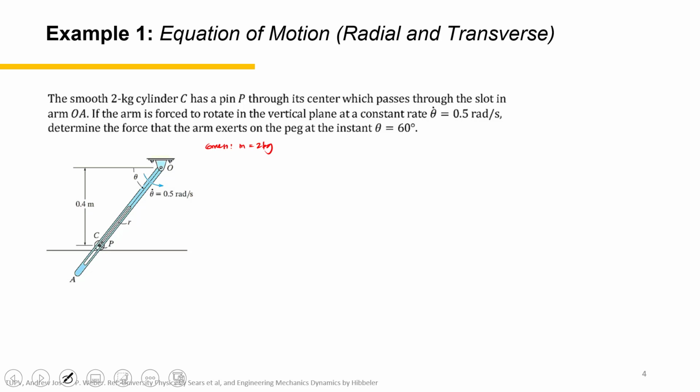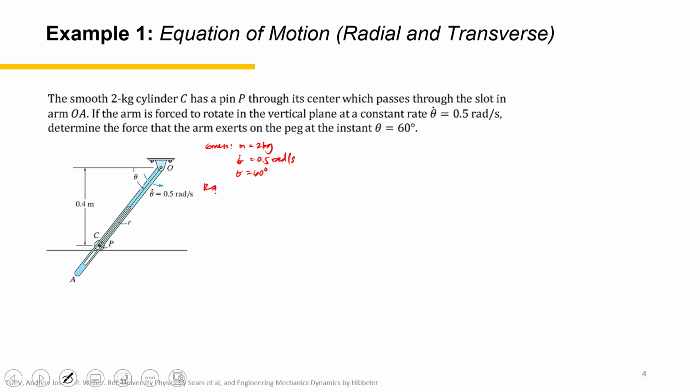The angular speed is 0.5 radian per second, and the angle is 60 degrees. Of course, any other givens are shown on the space diagram.